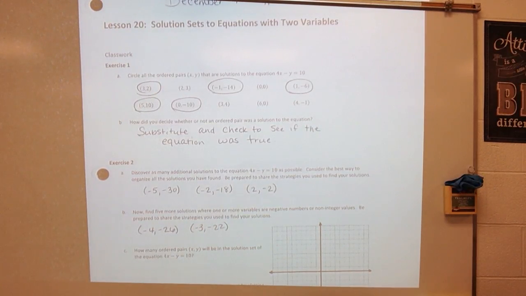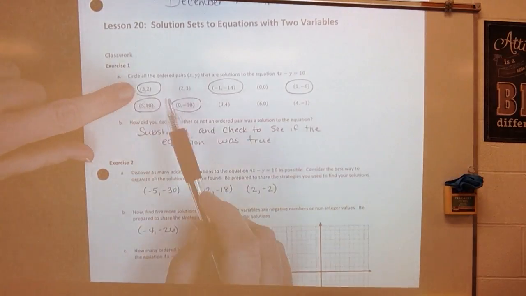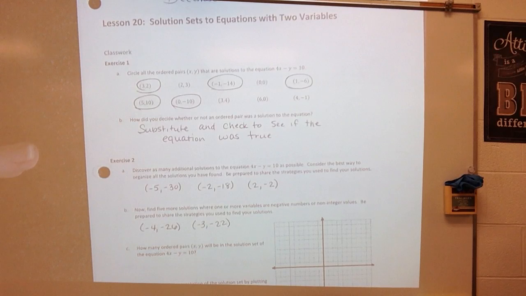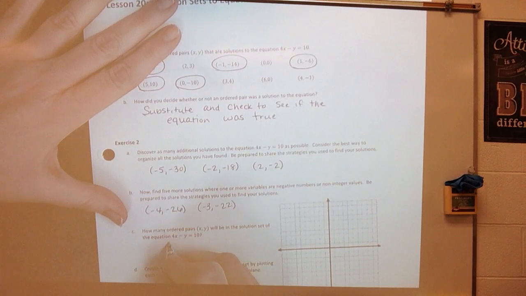How many ordered pairs will be in the solution set for the equation 4x minus y is equal to 10? You can already see we've got 5 here, I gave you 3 more here, there's 2 more here, and there's many, many more. So my answer would be infinitely many.